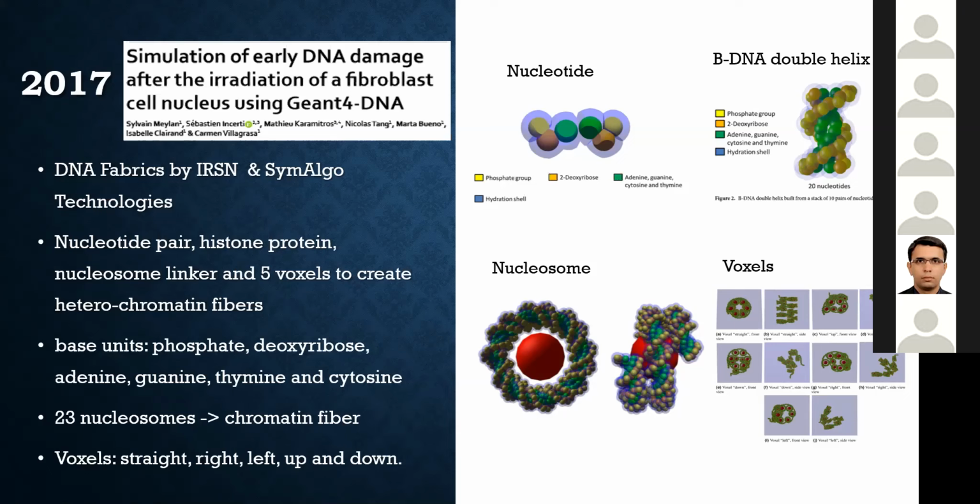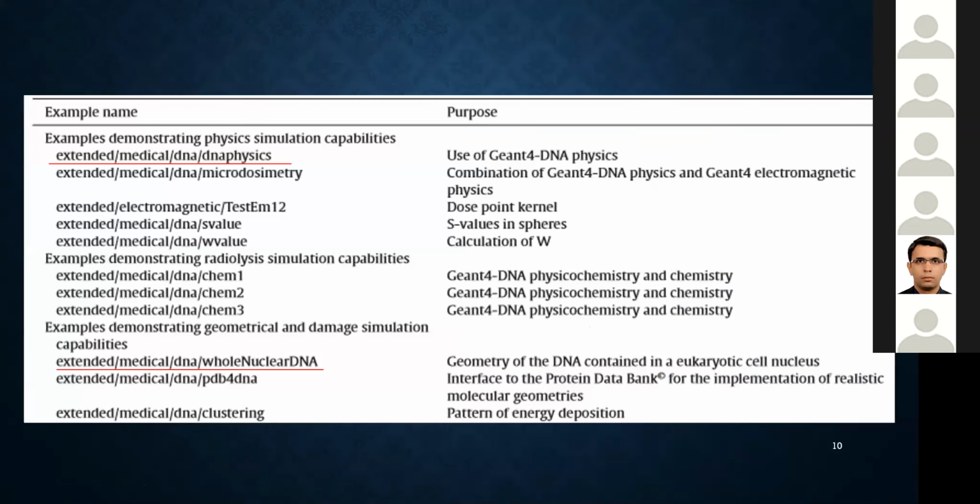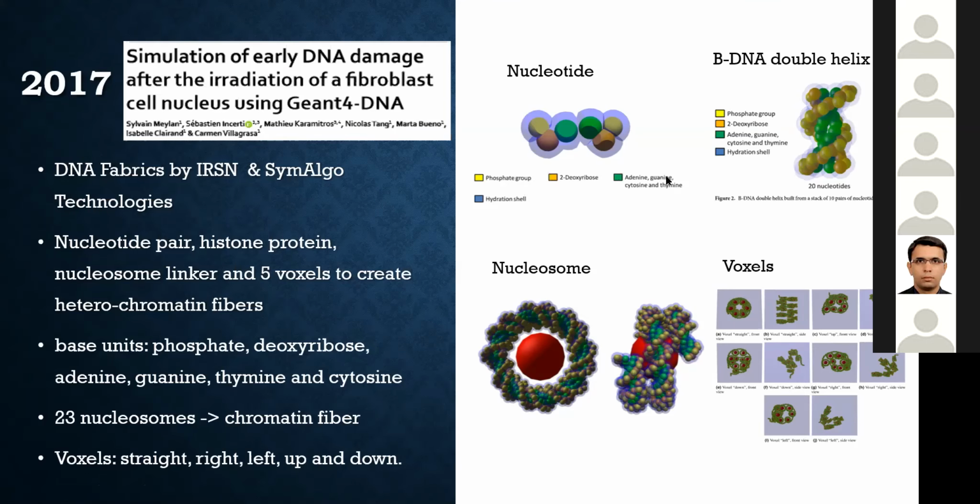No, we go into specifics. Over here, we consider 5 units to create the nucleotide: the phosphate group, the deoxyribose, and the 4 bases, adenine, guanine, cytosine, and thymine, and they are all surrounded by 24 molecules of water.